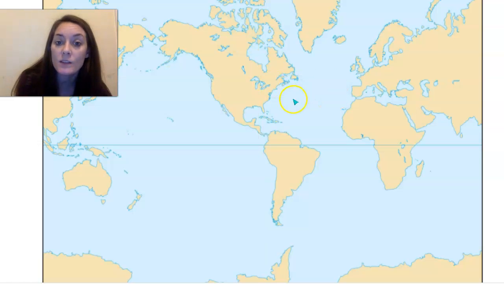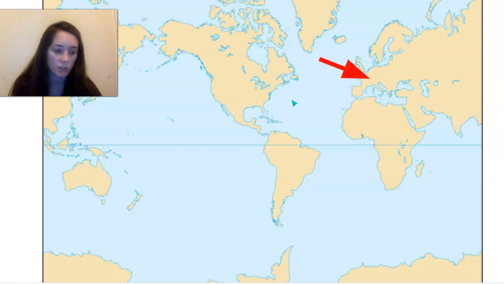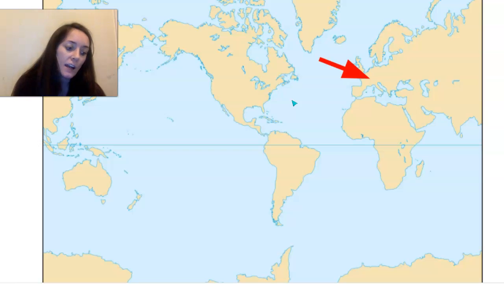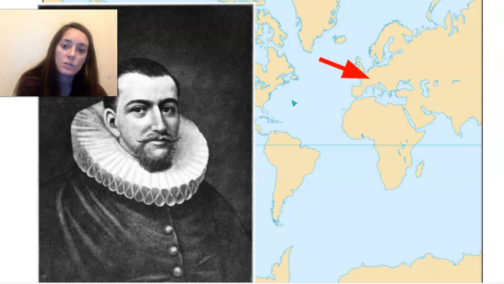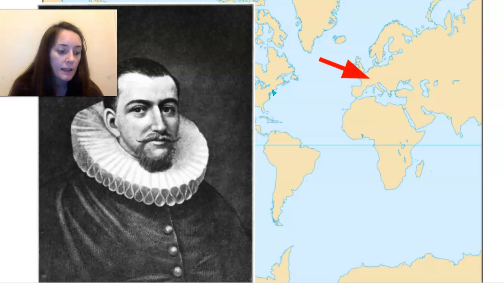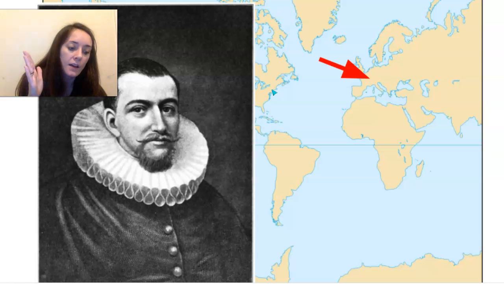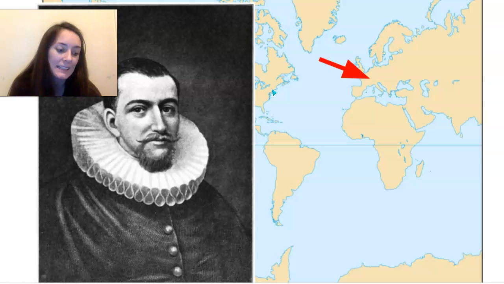Okay, and then the last one that I'm going to specifically talk about is the Dutch. So now the Dutch hired an Englishman named Henry Hudson, and Henry Hudson had a really nice mustache. I'm just kidding. But you may have heard of the Hudson River. So he sailed into New York, which is right here as well. And he claimed all of the land around the Hudson River for the Dutch East India Company.